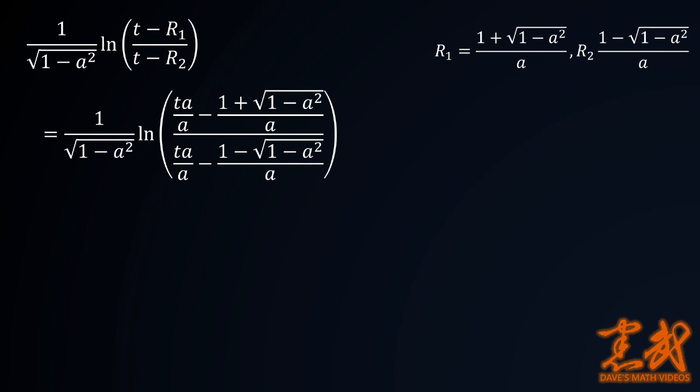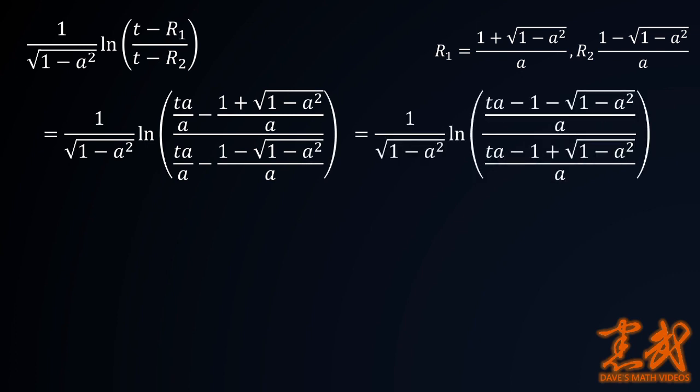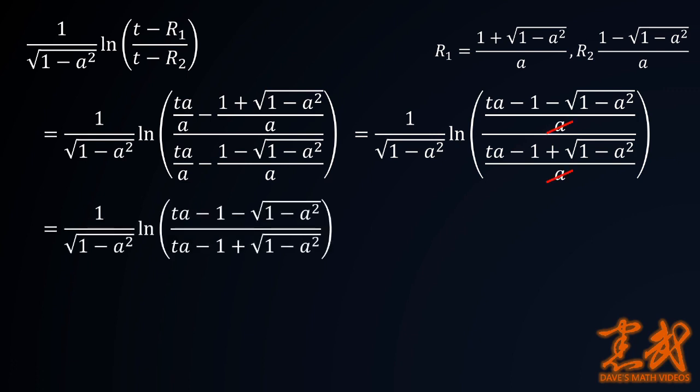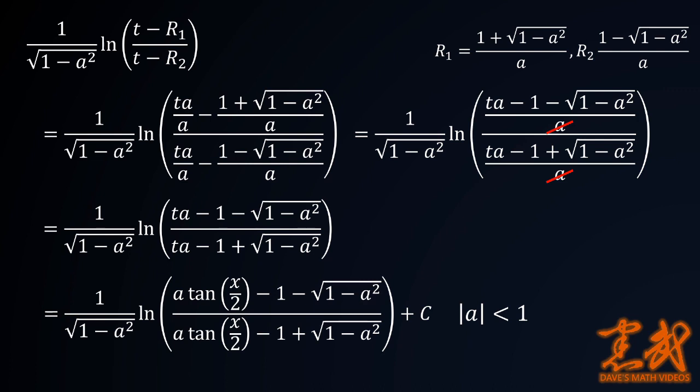If we do this and carry out a lot of algebra, we can cancel out a lot of terms, and eventually we arrive at a solution of 1 over the square root of 1 minus a squared times the natural log of a times the tangent of x over 2 minus 1 minus the square root of 1 minus a squared, all over a times the tangent of x over 2 minus 1 plus the square root of 1 minus a squared. And this is for values of a which are less than 1.